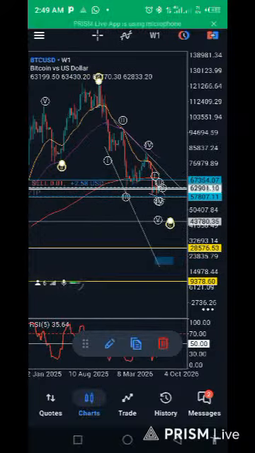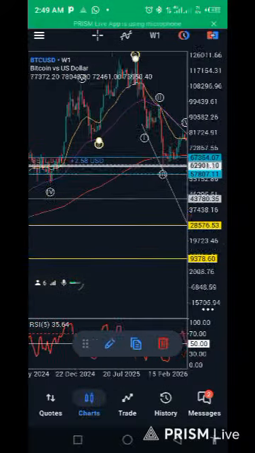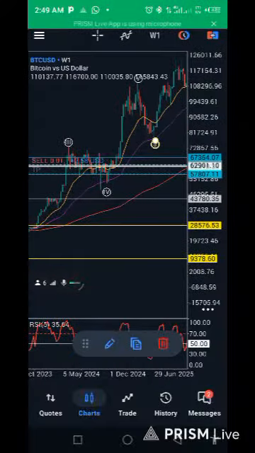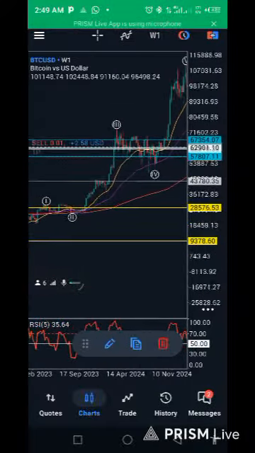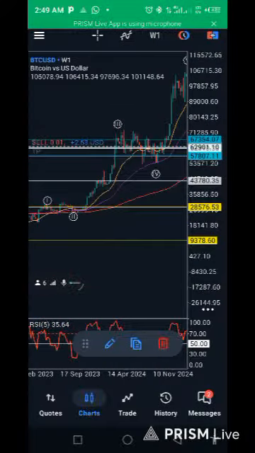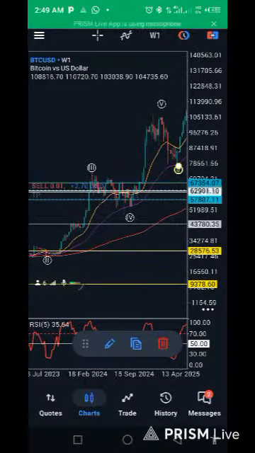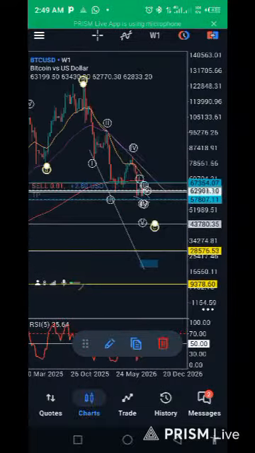And most times, when the wave C is forming, it normally comes down to the wave 3 that occurred in wave 5 of the previous motive wave.